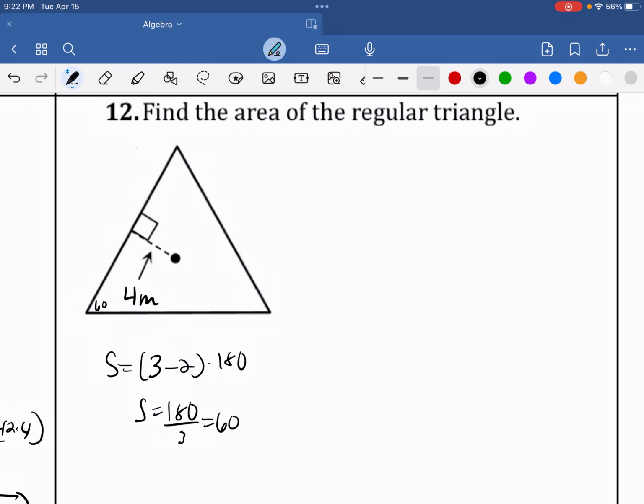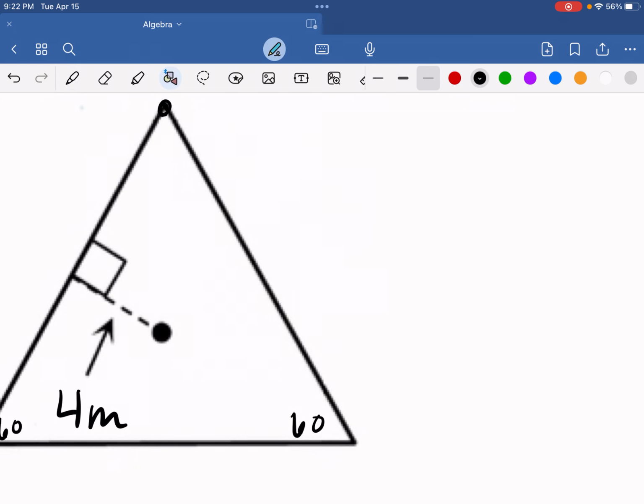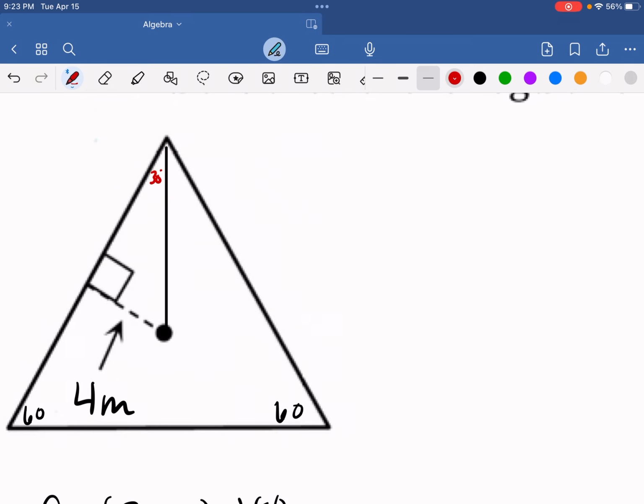So this one's 60 degrees, this one's 60 degrees. But when we come to the top one, if we do make our right triangle, because we're supposed to go straight, then the top one is 60. But then you cut it in half, so then it means it's 30. We get 30. All right, so you can use special triangles.